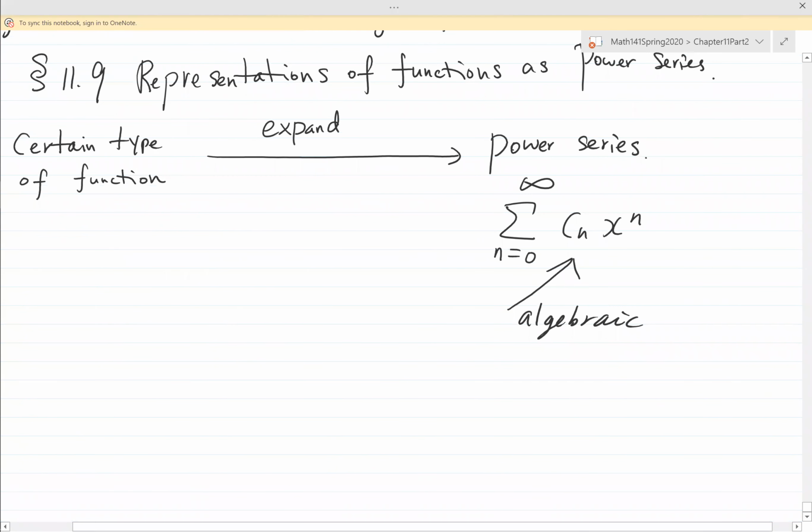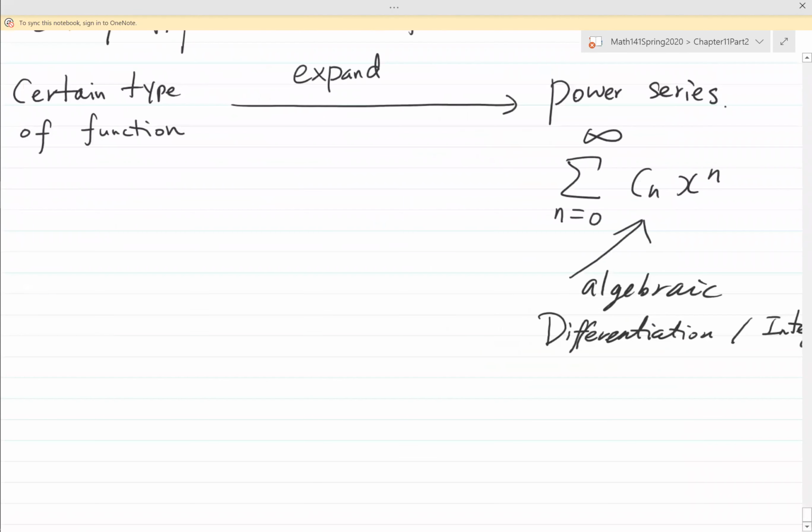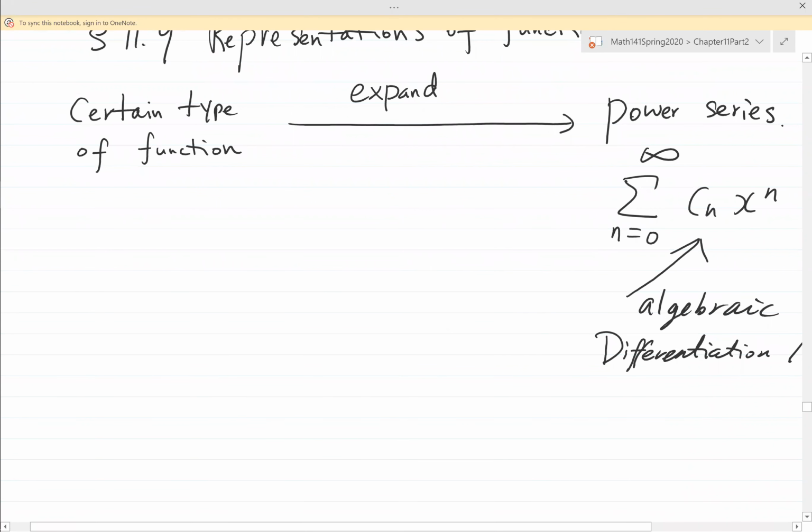For instance, differentiation and integration are easy to deal with because we have the power rule. And multiplication is algebraic, so it's easy to manipulate.